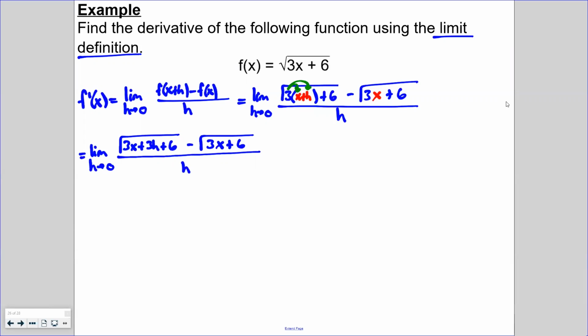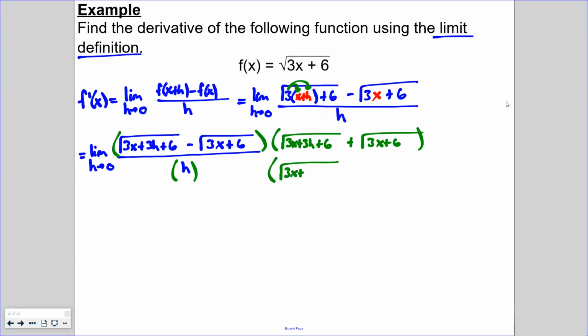And hopefully remember that in order to evaluate a limit that has radical expressions, we need to multiply both the numerator and denominator by the conjugate of the radical expression, which is the square root of 3x plus 3h plus 6 plus the square root of 3x plus 6.